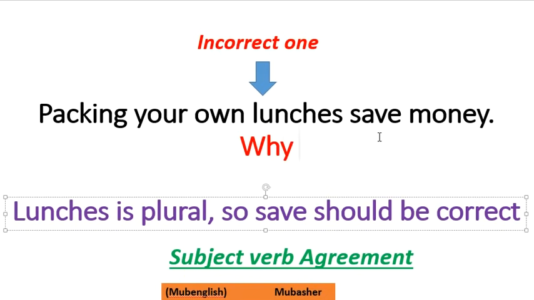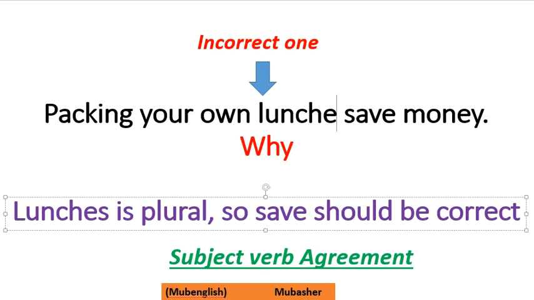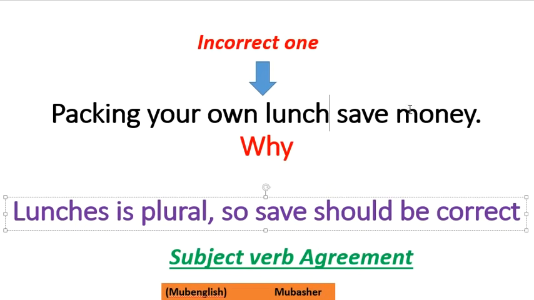Let's go to the past. In the present tense, when there is a singular subject, it takes the verb plus s or es form. And when there is a plural subject, it takes the plain form, which is like save. And if it were singular, if it had been lunch, then it would be saves.